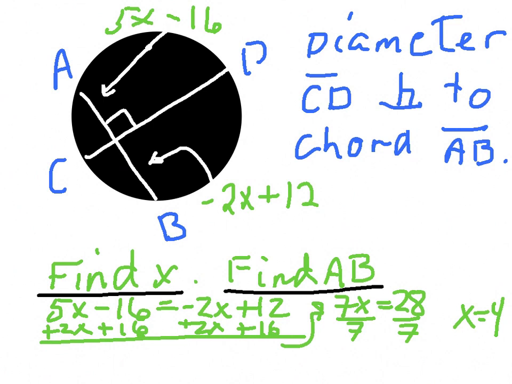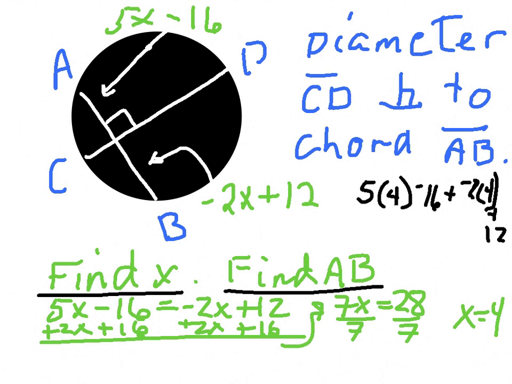So I would take x equals 4, and I would go 5 times 4 minus 16 plus negative 2 times 4 plus 12.